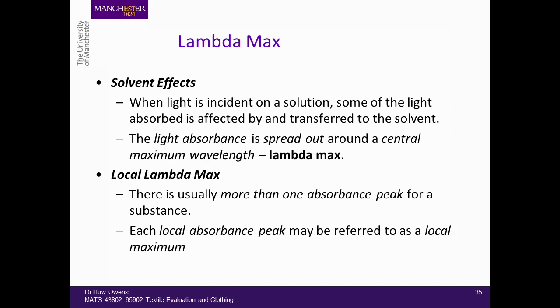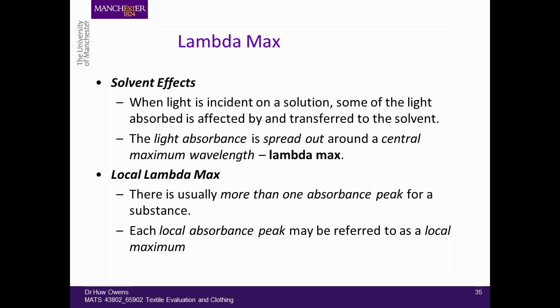Okay, so what's going to have an effect on where this peak is? Well, one thing is what the dye is made out of, its atomic structure. The other thing is what you put the dye into, the solvent itself. And you can have, as I said, more than one peak on your curve.